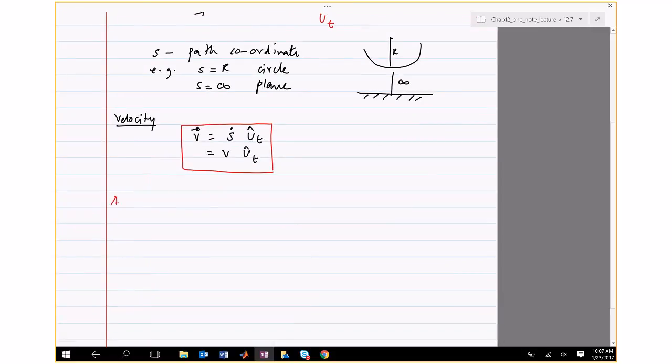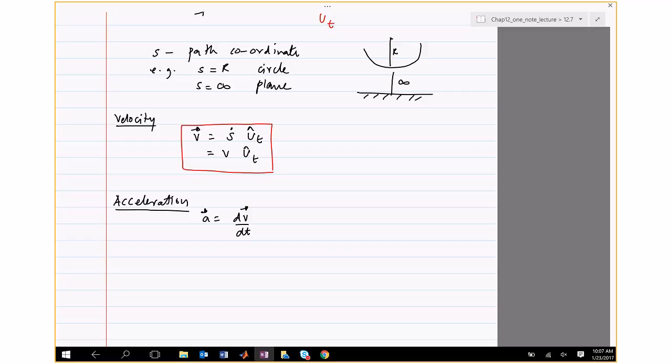And then there is acceleration, which is the derivative of v. So a is dv dt. So all you got to do is take this expression for the velocity and differentiate it once.